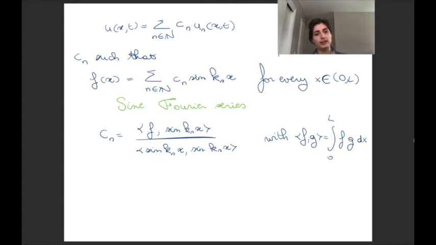So decomposing any function f of x in this infinite sum can be done by the Sturm-Liouville approach by setting C_n equal to the inner product of f and sine k_n x divided by the square of the norm of sine k_n x. That is the inner product of sine k_n x with sine k_n x. With the inner product being defined by the Sturm-Liouville problem we have introduced, that is just the integral from 0 to L of the two functions f and g that you want to take the inner product of.